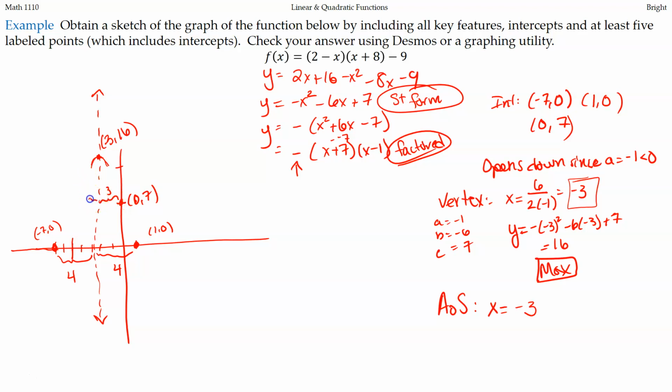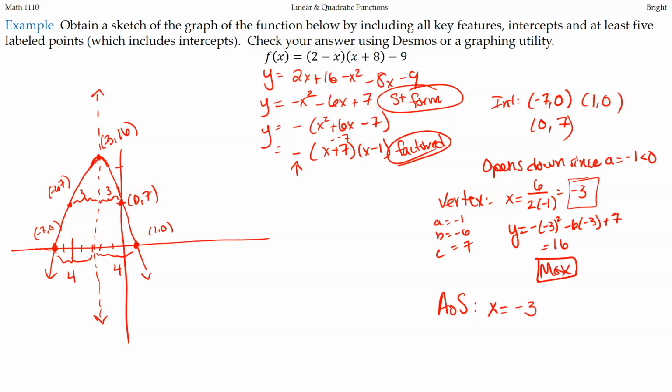Well, then that means if I go 3 units over here, this is going to be another point, which happens to be at minus 6, 7. Okay? And again, I just did 3 units from negative 3. And so then that kind of completes my parabola type shape, and I'm just going to fix this a little bit so it looks a little bit less awkward. Okay? And that's going to be the graph.